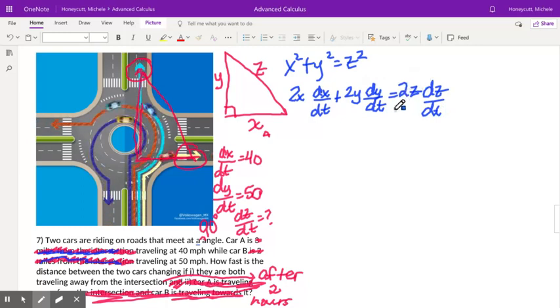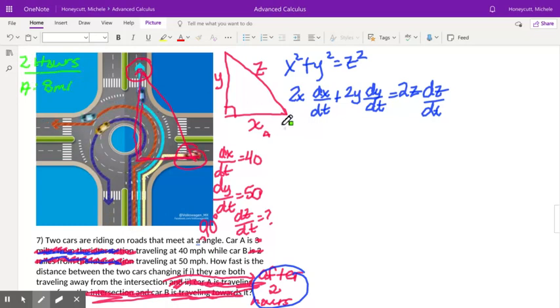So I can come up with the x, y, and z values by taking the information about it being after 2 hours. So I've got car A. If car A is traveling 40 miles every hour, then after 2 hours, it should have traveled 80 miles.